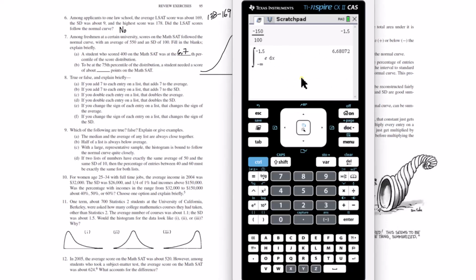If this was 6.2, you could say 6, because if you're in the 6.2 percentile, you're definitely in the 6th percentile. But it's not the other way around, so it doesn't matter really.